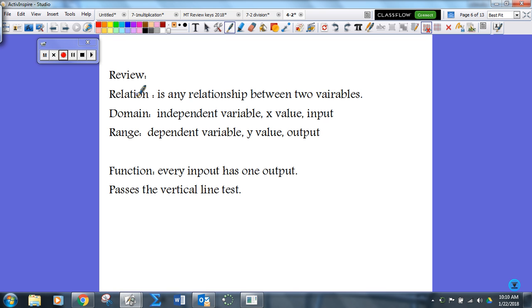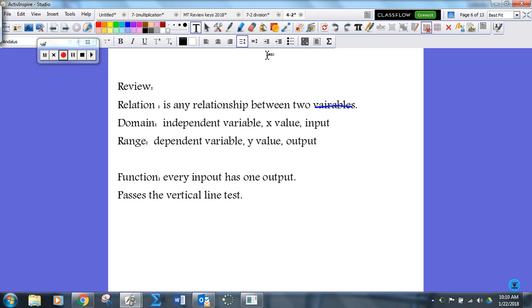And let's do some review. So please write these in your notebook. A relation is any relationship between two variables. And I misspelled that. Let's fix it. While you're writing. Domain is the independent variable, or the input, or the x.